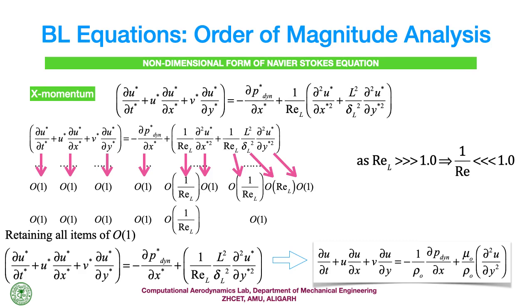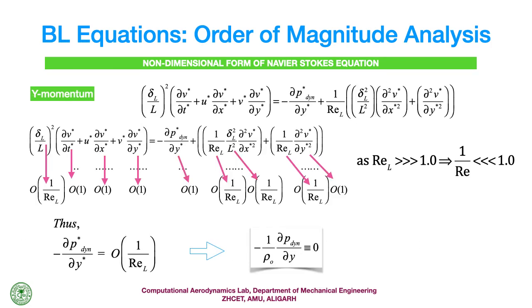Which implies that the new boundary layer equations become the equation at the rightmost part of the slide. And this is the x momentum equation, mind you.